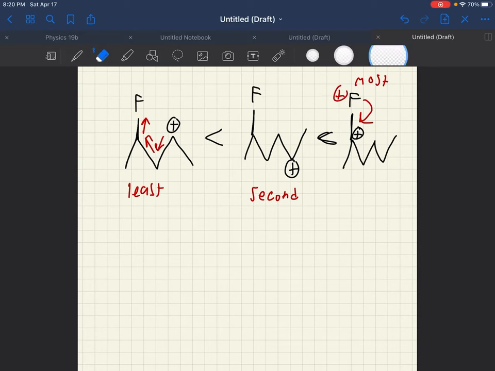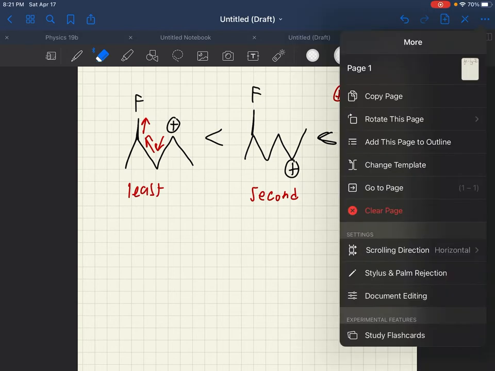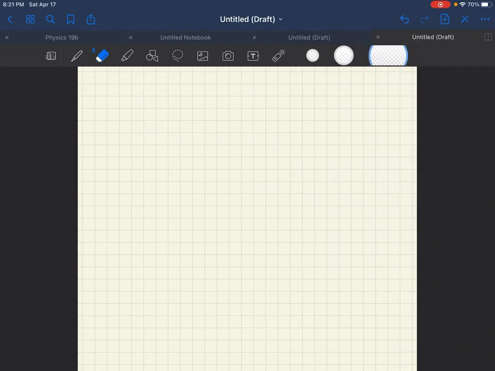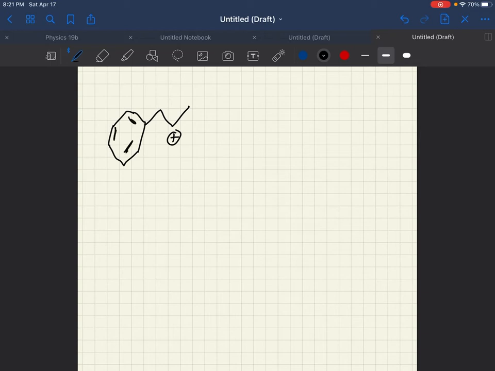So another example of resonance that is super important to understand is benzylic compounds. So let's take a look at some of those real quick. A benzylic compound that can actually act in stabilizing a carbocation would be one like this. Let's take a look. So if we have a benzylic compound and we have a positive charge right here, this is actually less stable.